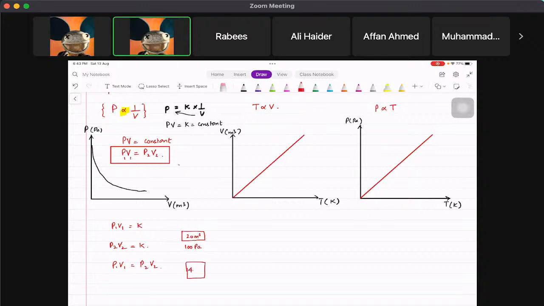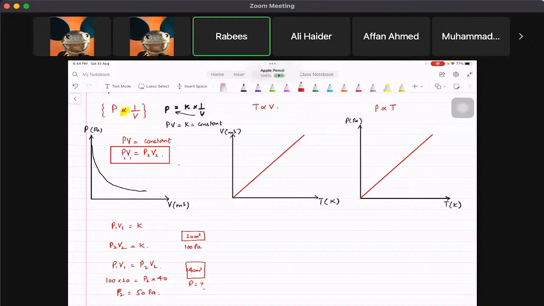You want to know what is the pressure now, okay? Because they're related, you're going to put it in this equation. Pressure was 100 times 20, and now we want to find the new pressure when the volume increased to 40. So the new pressure is going to be 50 pascals. Is it clear? Yes. Yeah, like that.